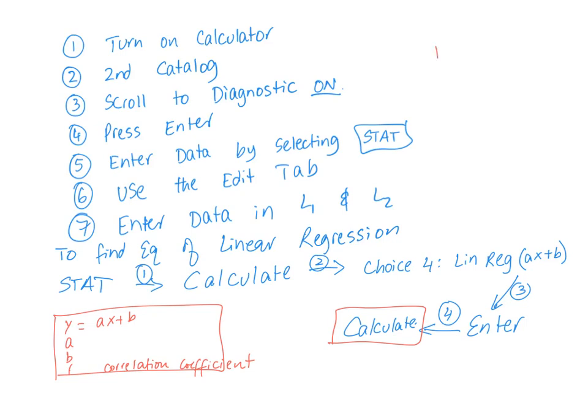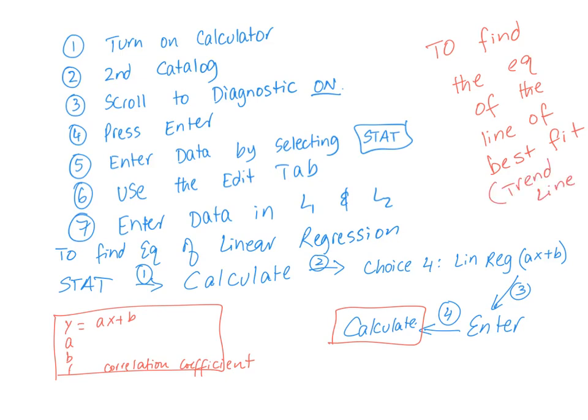So this is to find the equation of the line of best fit or trend line. So whatever you want to use, this is our methodology, or these are the steps. All right, have fun. Bye-bye.